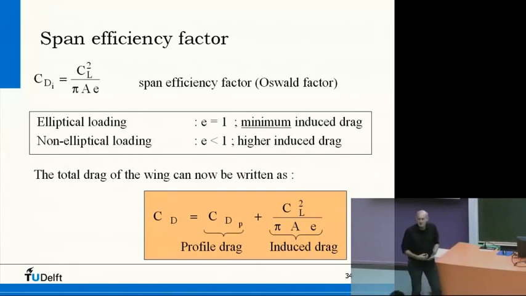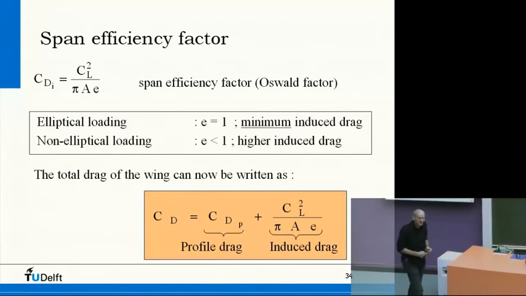It gives you a clue how much the lift distribution differs from an elliptical one. Of course, e is 1 for an elliptical distribution, and generally, depending on the wing aspect ratio, it's about 0.85, 0.9, something like that.